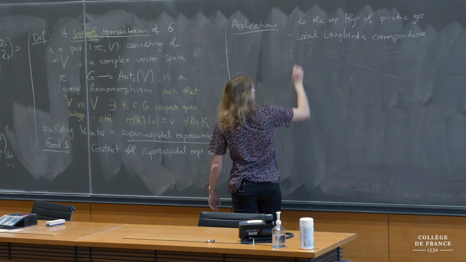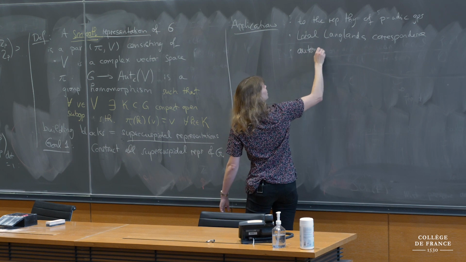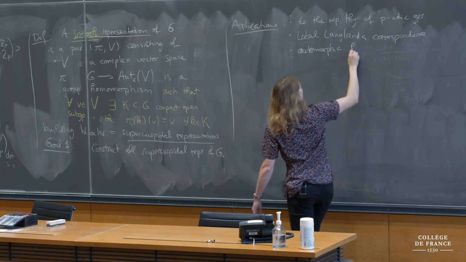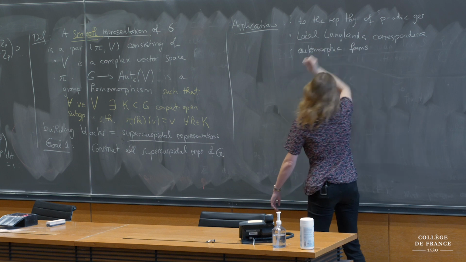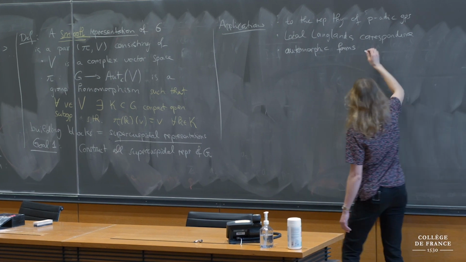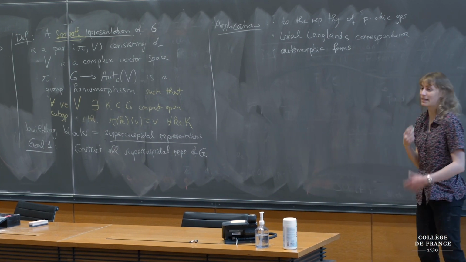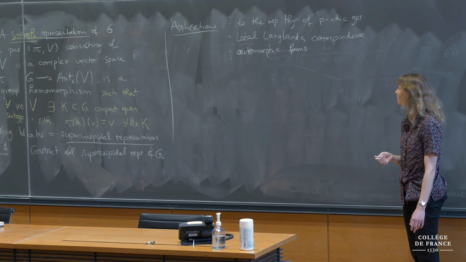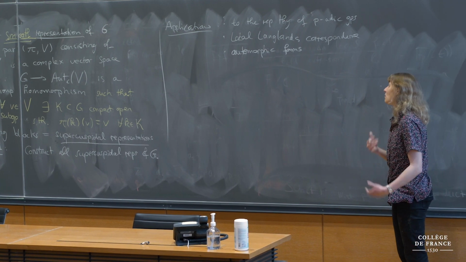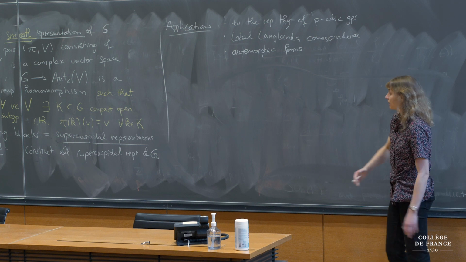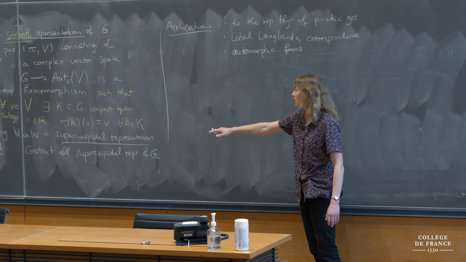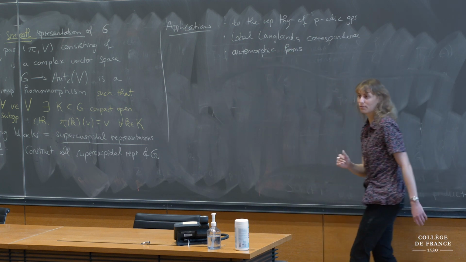There are also applications to automorphic forms. Automorphic forms are generalizations of modular forms, which played an important role in Fermat's last theorem, for example. If you want to study these, it's also helpful to study representations of p-adic groups. You can deduce properties about automorphic forms from there.